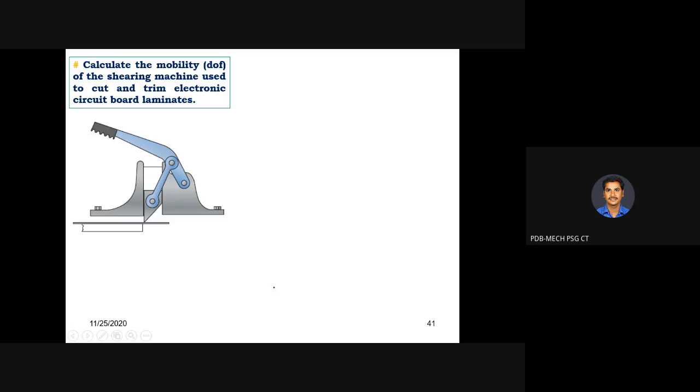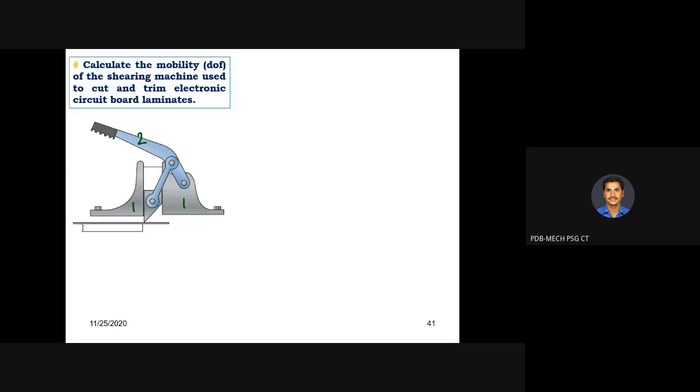What are they? The bolted fixed frame. Yes. This one, like a vice, is assumed to be a frame which is bolted on the table. So it is acting like a frame. This is link 1. Then this handle is going to be link 2.